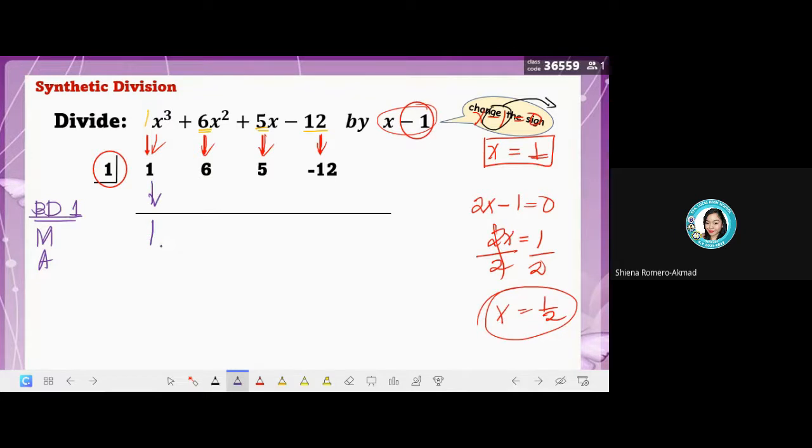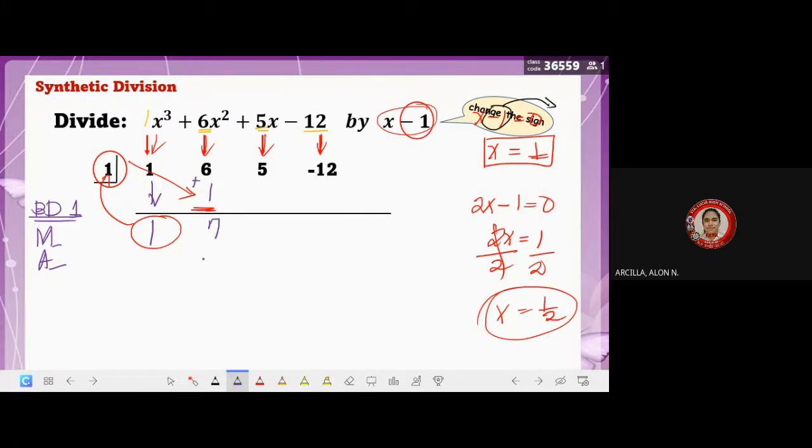I have here 1. Tapos, i-multiply ko siya. Saan ko siya i-multiply? Doon po. 1 times 1 is 1. Tapos, dito ko isusulat sa space na to. Okay, so I have here 1. Then, after I multiply, I will add. So, mag-add ako dito. 6 plus 1, 7.